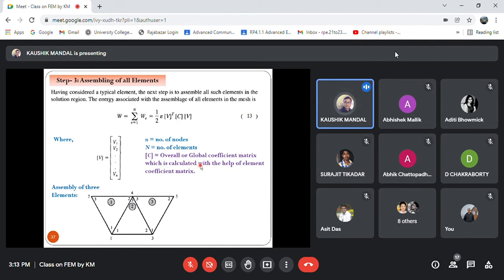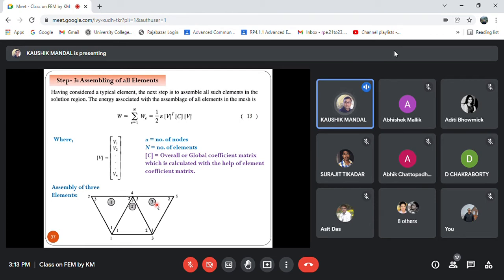So for this particular global matrix, what will be the elements of this global coefficient matrix? Now to move further, for the simplicity of our discussion, we are assembling three triangular elements in this particular way. This is element 1, element 2, element 3. Forget about the first solution boundary that we have divided into four finite elements.